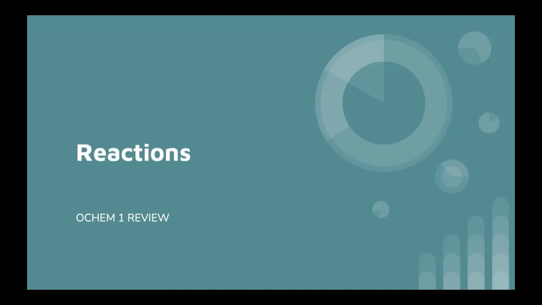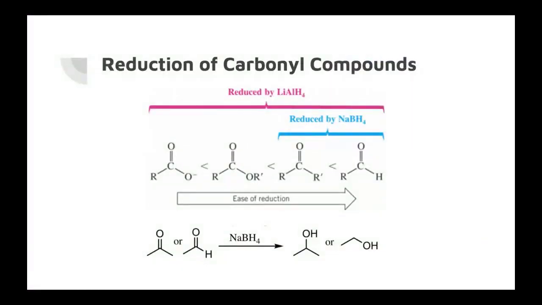We're going to start with a review of some OChem 1 reactions that are relevant to this exam. The first is reduction of carbonyl compounds. So this is the opposite of the oxidation that you're learning. We have two main reducing agents. We have LAH and we have NaBH4.